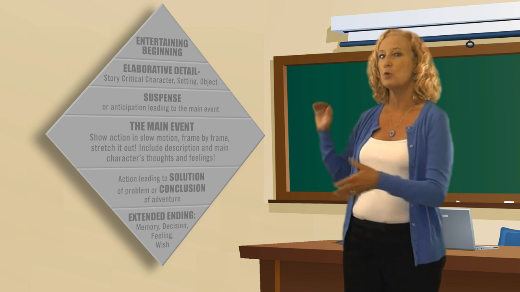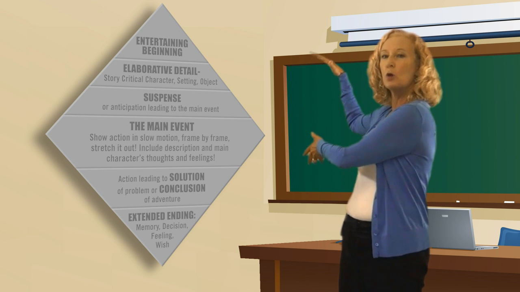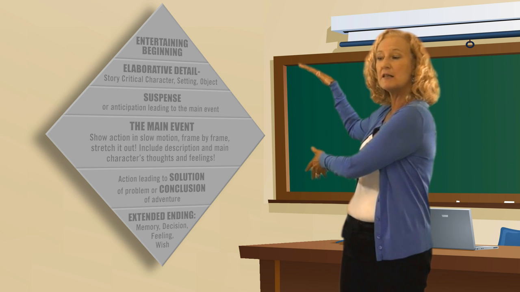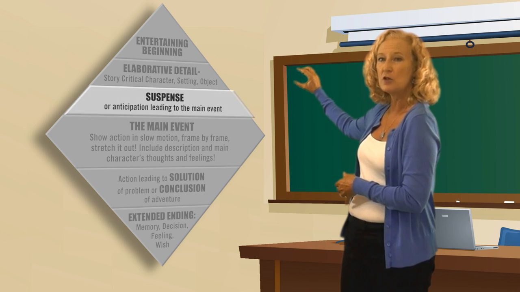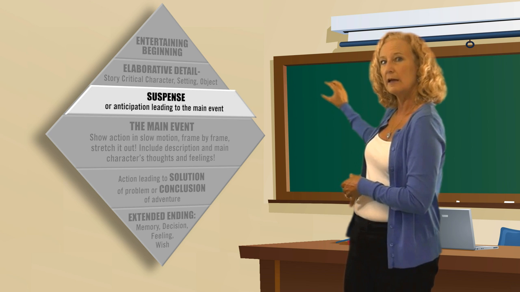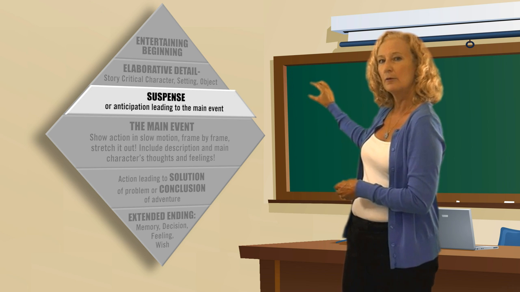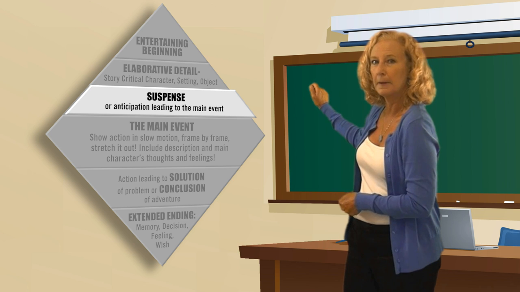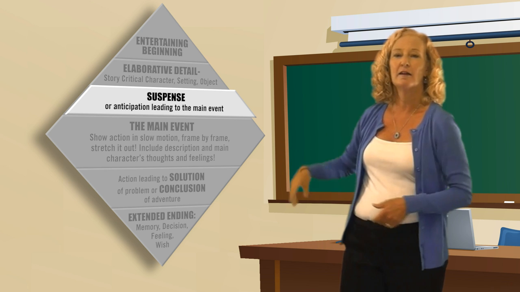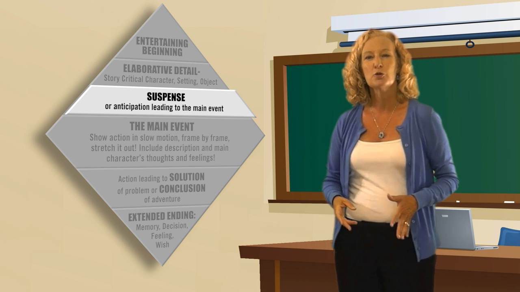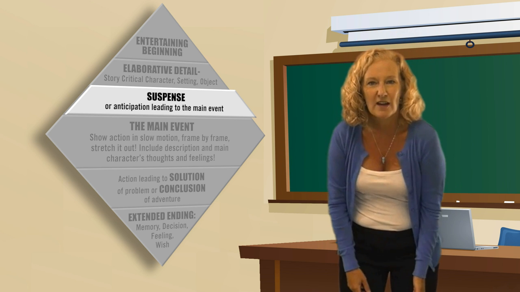This is where that most important part comes in, remember? We're moving into the middle of the diamond. Right before we get to what we call the main event, there's this part right here. Anyone see that? What's that one called? Suspense. That's my favorite part of the whole story. You know why it's my favorite part?